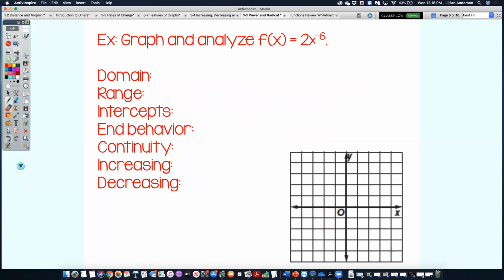So when you have something like 2x to the negative 6, we're going to graph and analyze this one. Which one would be a hole again? A hole is if something cancels out and you have a rational function, so a function divided by another function. So 2x to the negative 6 turns into 2 over x to the 6th.